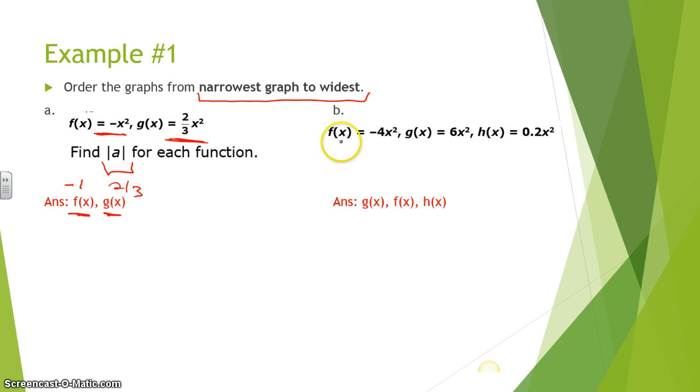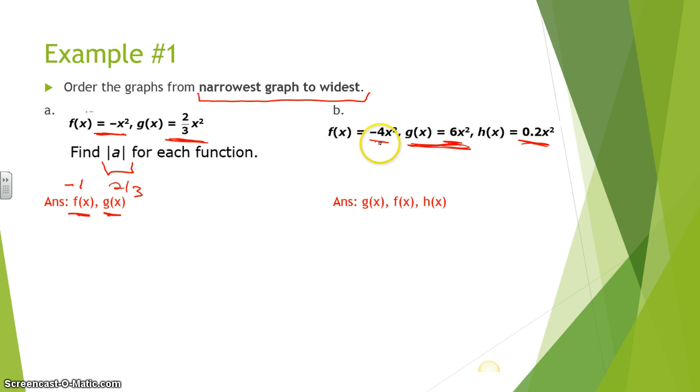Looking at b here, we have f of x equals -4x squared, g of x is 6x squared, h of x is 0.2x squared. So we have to look at all of my a values. So which one is going to be the narrowest? That's going to be my whole value here, my g of x, 6x squared.